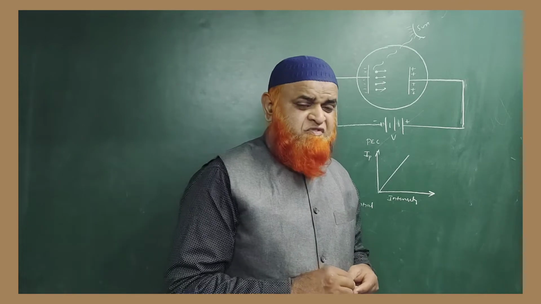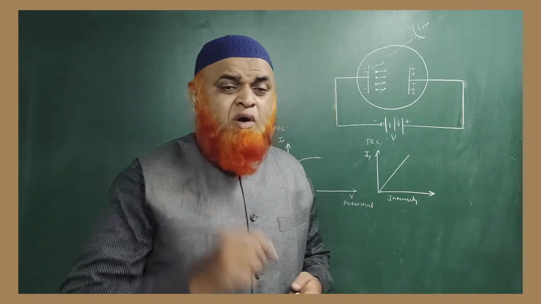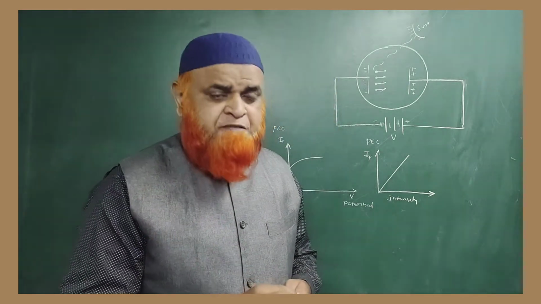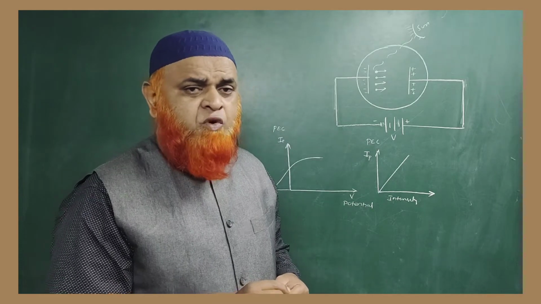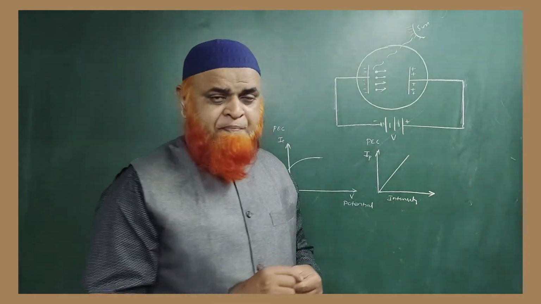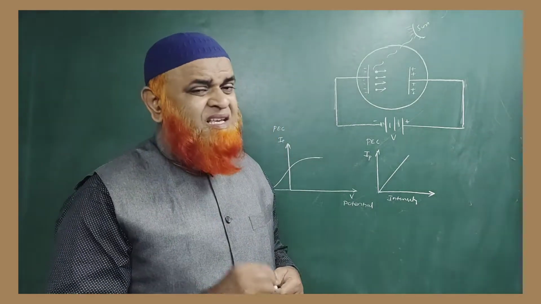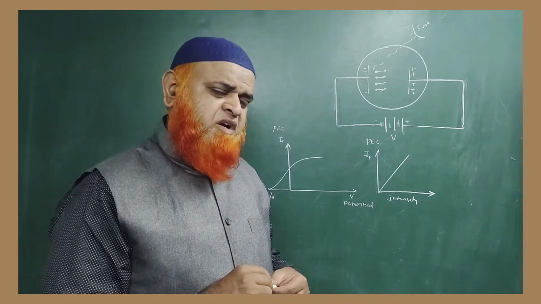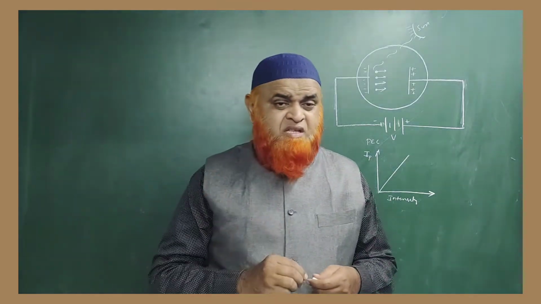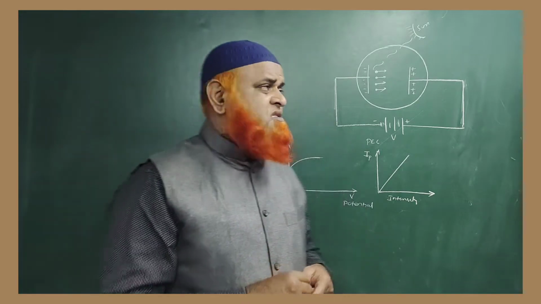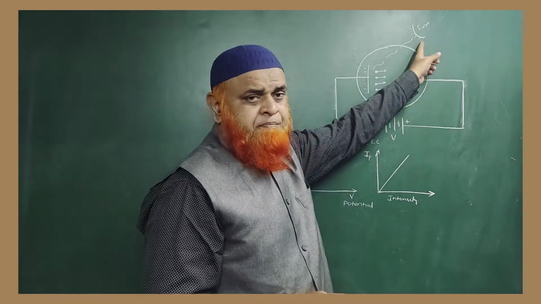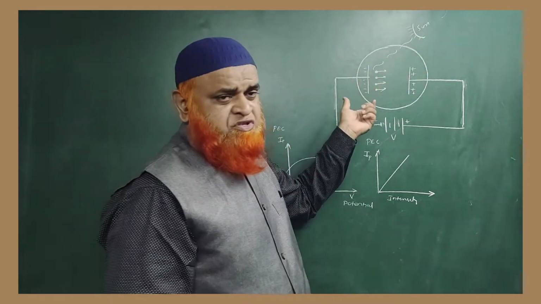Let me discuss the first topic of this class, that is called the photoelectric effect. So what do you mean by this photoelectric effect? Photo means it is related to photons. You just remember that fact. So from the sun, photons will come out.